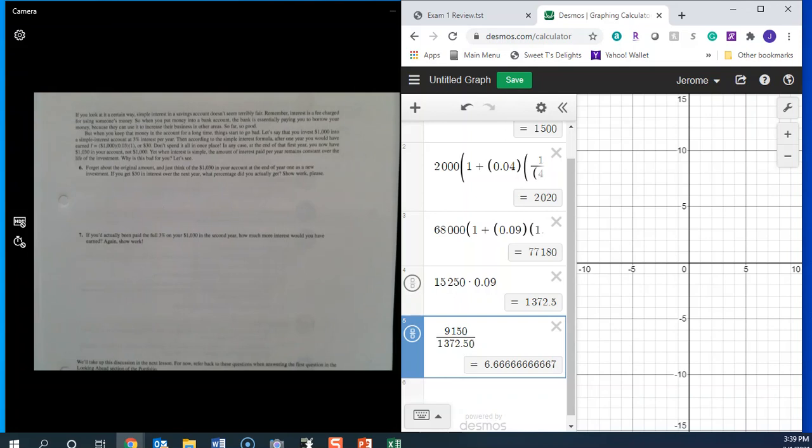Why is this bad for you? Let's see. Forget about the original amount and just think of the $1,030 in your account at the end of year one as a new investment. If you get $30 in interest over the next year, what percentage did you actually get? Show work. Okay.